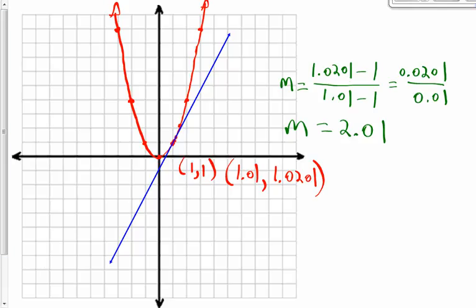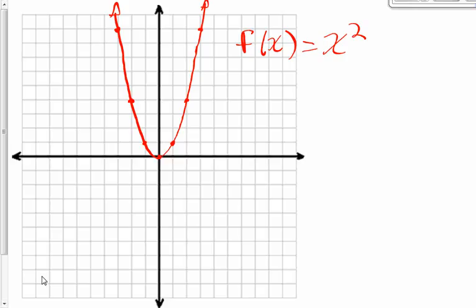All right, so let's recap here. We had a bunch of secant lines. The first secant line gave me a slope of 4. The second gave me a slope of 3. The third one gave me a slope of 2.5. The fourth secant line gave me a slope of 2.1.